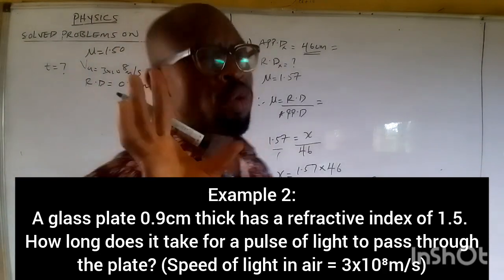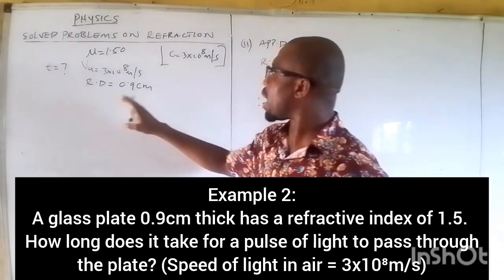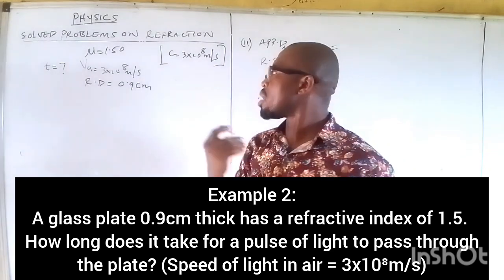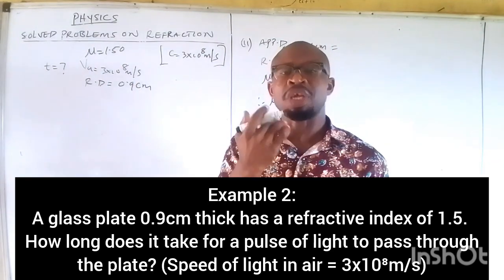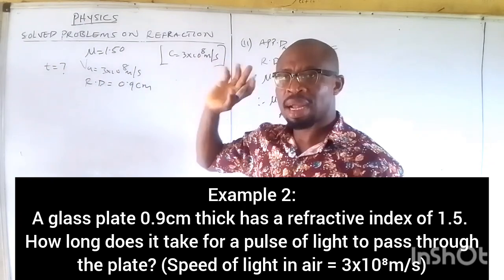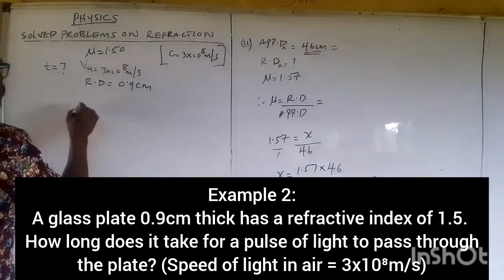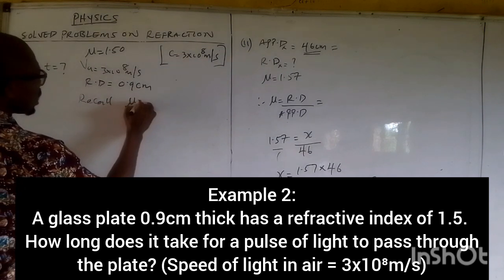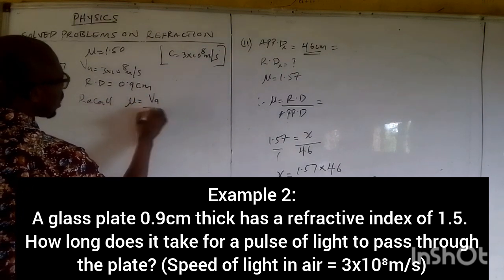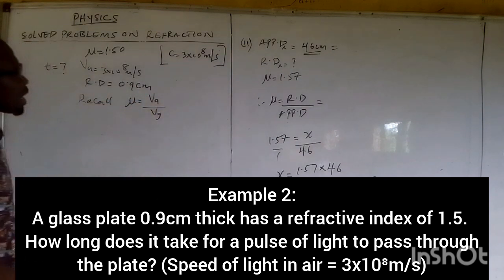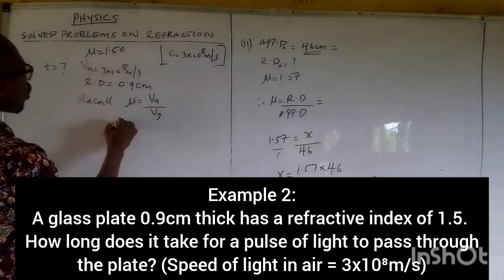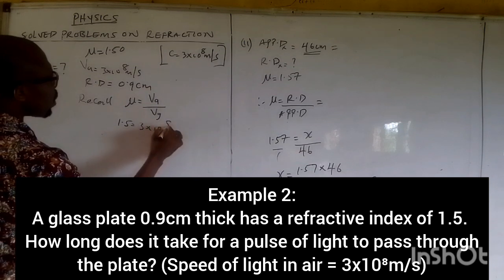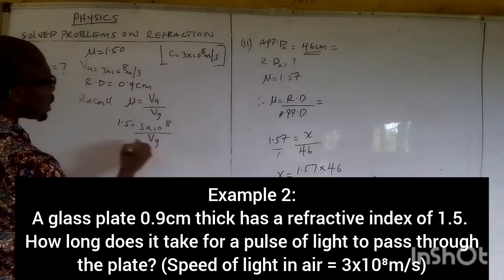Since the two media in question here are glass and air, and the speed of light in glass is not given, the first thing we do is to get the speed of light in glass. Recall that refractive index is velocity of light in air all over the velocity of light in glass. So we have 1.5 is equal to velocity of light in air, 3 times 10 raised to the power 8, all over velocity of light in glass.